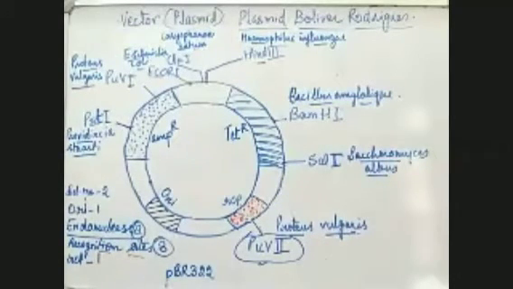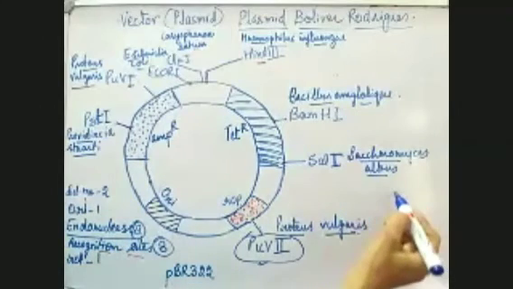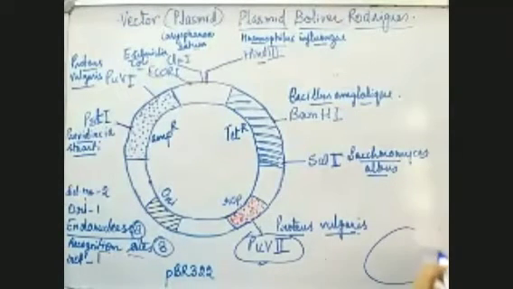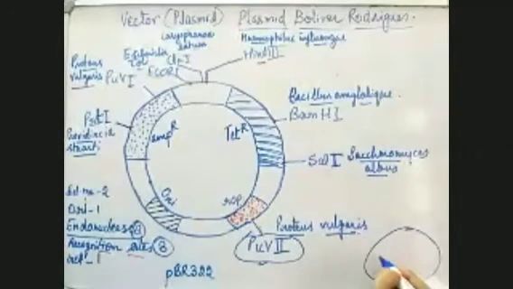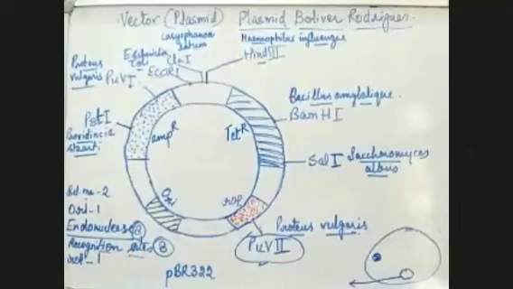Okay, so these vectors were taken out from bacteria. Earlier, the researchers, suppose this is a bacteria, it has its own nucleus here and it has a plasmid here. These plasmids were taken out from the bacteria and were used as vectors for carrying. How were they used?